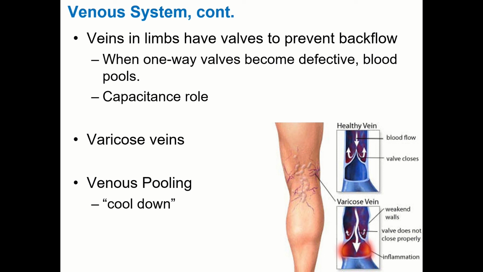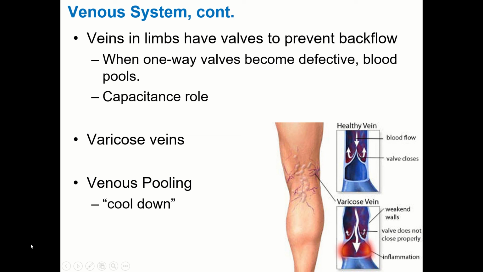You also tend to see varicose veins, not always, but largely in the lower body, particularly in people that have to stand all day. Industrial workers sometimes, if they're working on the assembly line, or hairdressers, or chefs, anybody that has to stand all day, because of that strong pull of gravity all day long, tends to wear out those valves a little faster.